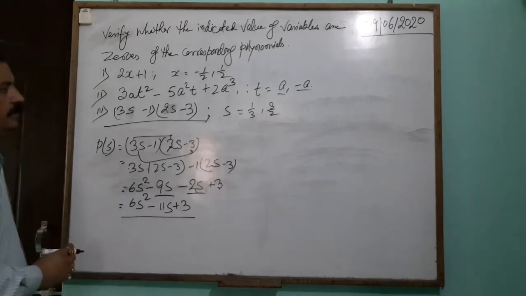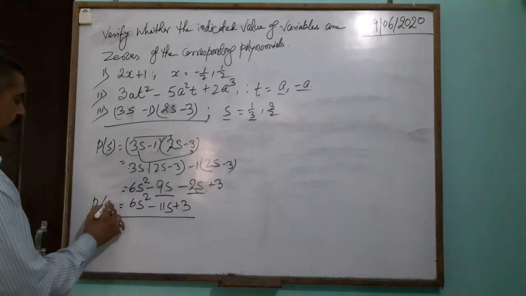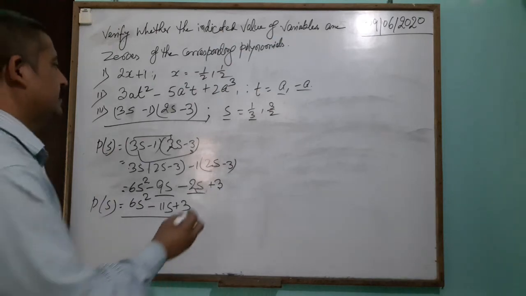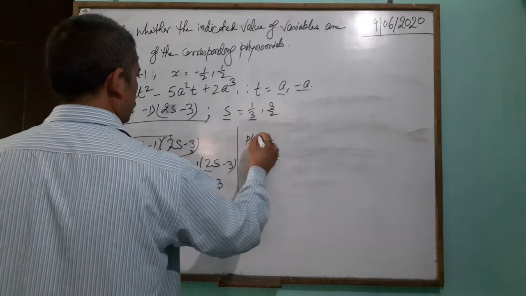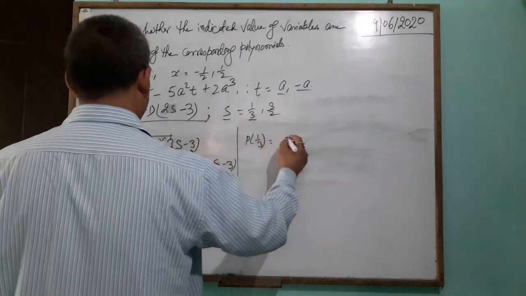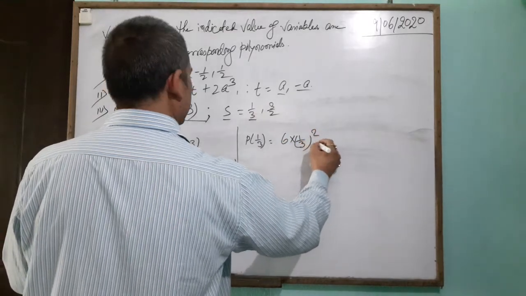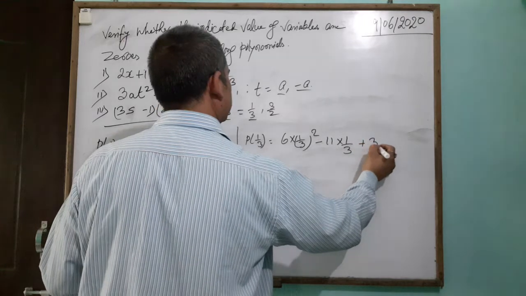Then putting the value of s is equal to 1 by 3. So p(s) is equal to 6s square minus 11s plus 3. So we just put s equal to 1 by 3: 6 into 1 by 3 whole square minus 11 into 1 by 3 plus 3.